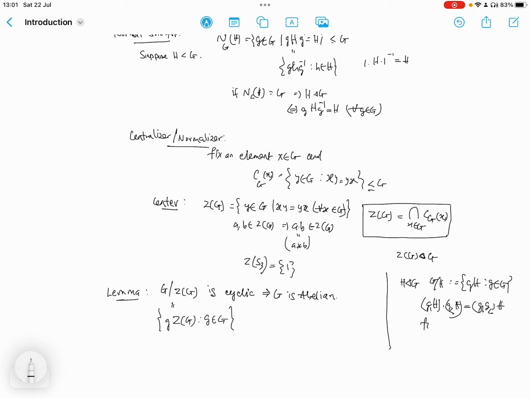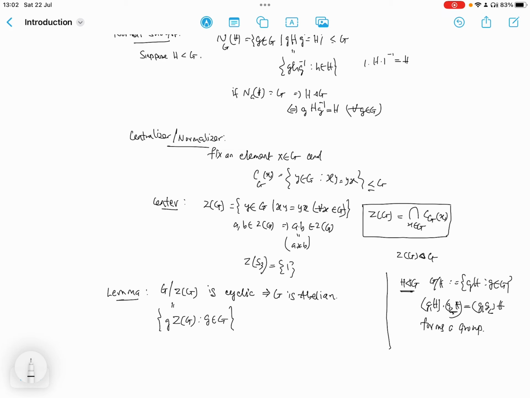But it has to be a normal subgroup to make this definition true, because otherwise the well-definedness may get violated. So if this is cyclic, then G must be abelian.